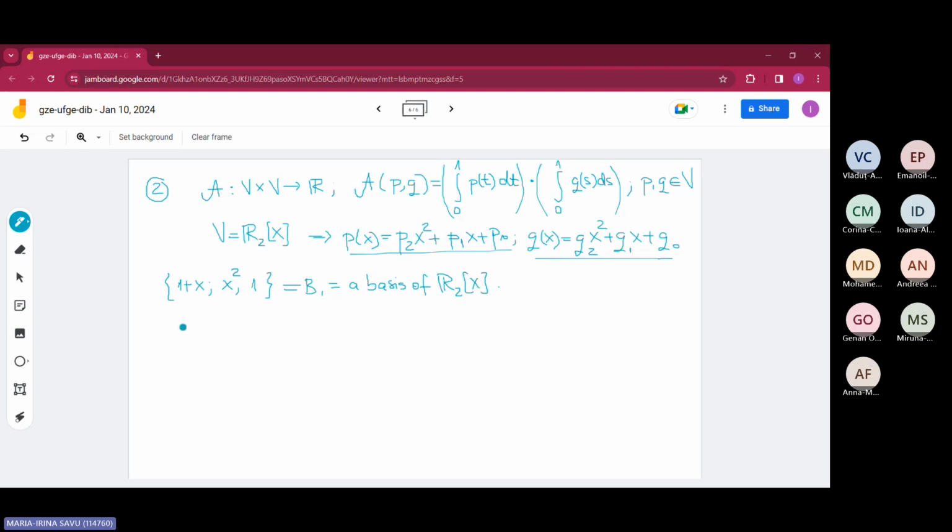Okay, so some of the questions are, let's say, find the associated matrix to the quadratic form of this bilinear form.